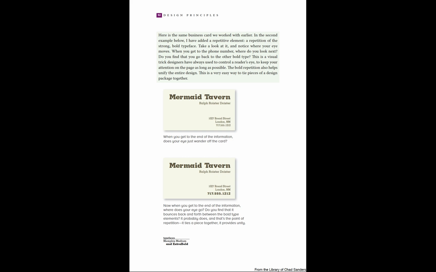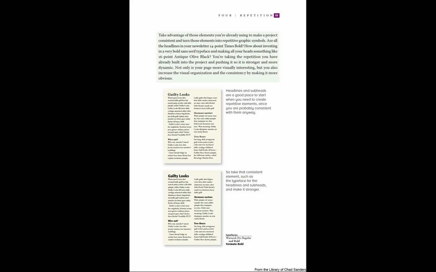Your eye kind of bounces back and forth between the title, the name of the company, and the phone number. On this one, this whole page is the same font, the first one. It's got some bigger type and some bolder type. They're getting some contrast that way. But look at the one down there.